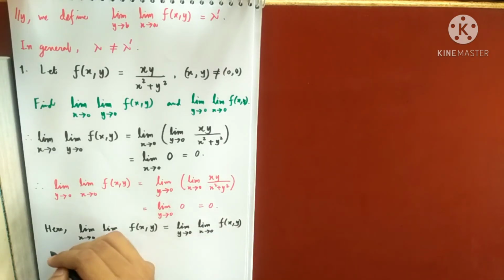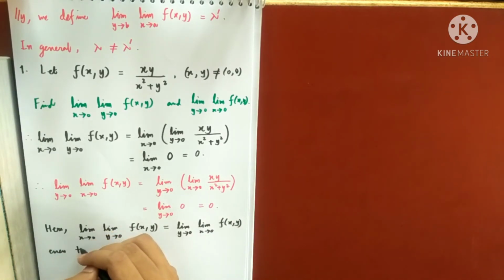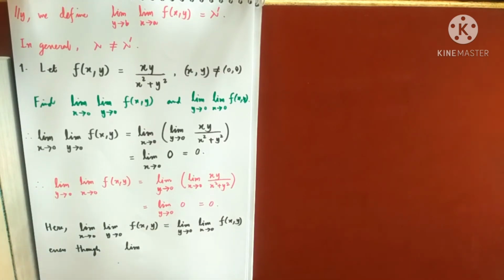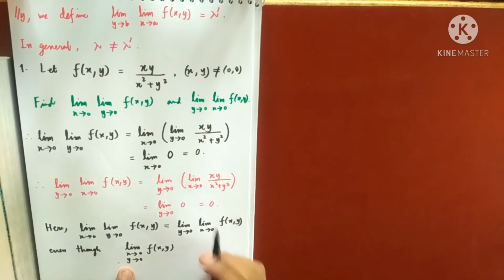They're equal even though the double limit, which I had calculated few minutes back, x tends to 0, y tends to 0, they are different. There is a difference in these two. The double limit does not exist.